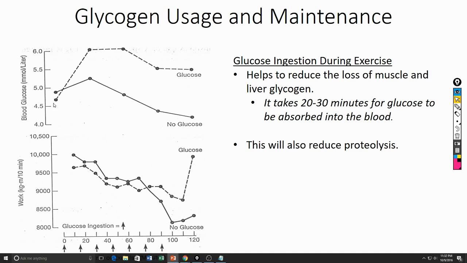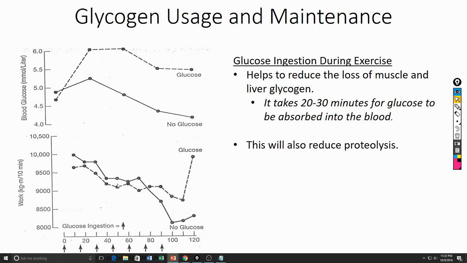So if we look at blood glucose, this is taking in glucose as you work versus not. Okay, so when you take glucose, your blood glucose levels stay higher versus when you don't. And then down here we have ingestion of glucose, okay, and the timing of things. Ingesting glucose a little less than an hour into work, and then looking at how that affects your blood glucose.